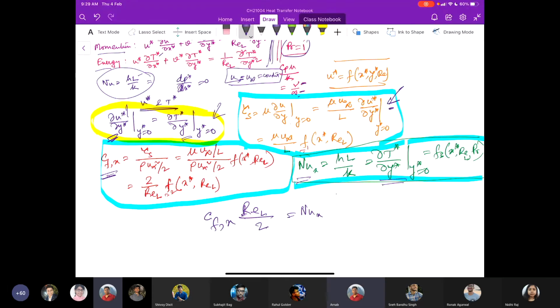But still, for the sake of those who still didn't get it, a quick hint is that tau is a function of this X star Reynolds number. Similarly, we wrote CFX in the same form, but with a different function, which has a prefix of 2 by REL.